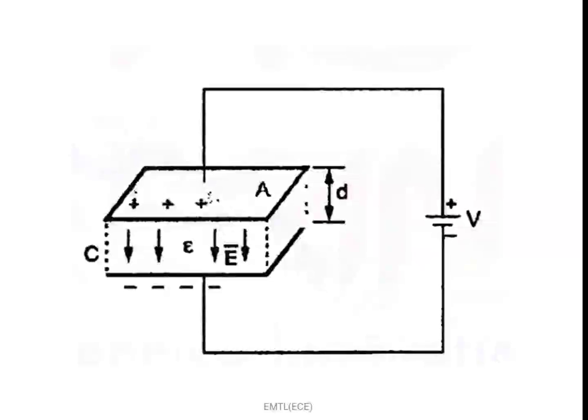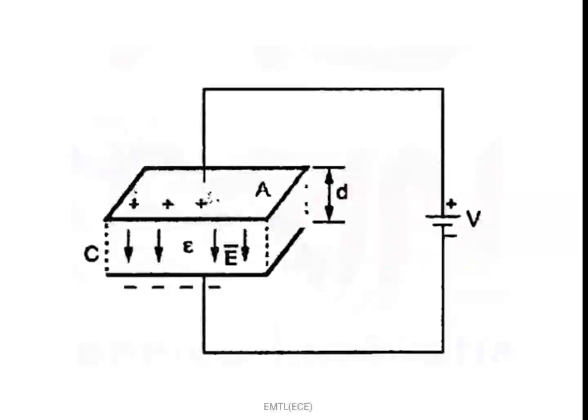As we already discussed in the topic boundary condition between conductor and dielectric, the tangential components of electric field and electric flux density at the boundary are equal to 0.